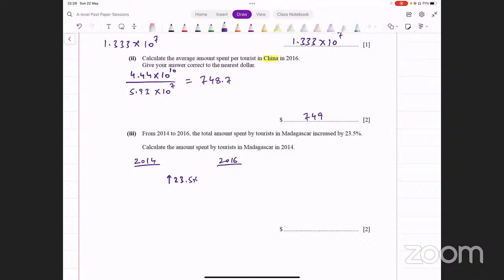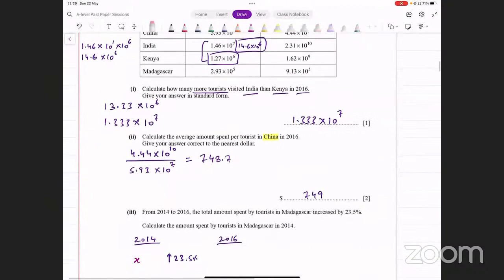Now, what was the amount in 2014? We don't know that. ये हमें find करना है. Let's call that X. 2016 में कितना आपके total amount थी Madagascar में? Let's figure that out.